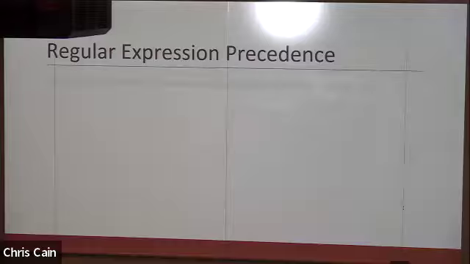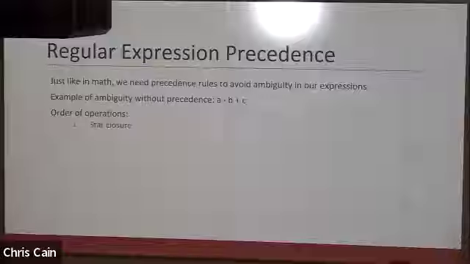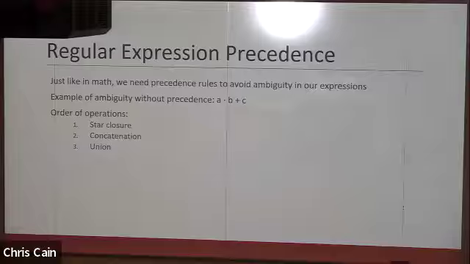We talked about the precedence already, just like in math, we need rules to avoid ambiguity in our expressions. So just like A times B plus C, in a regular expression, A concatenated with B union C, there would be ambiguity if we didn't define an order of operations. The given order of operations maps to what you would expect given the math symbol that it uses. So star closure and positive closure come first, followed by concatenation, followed by union.